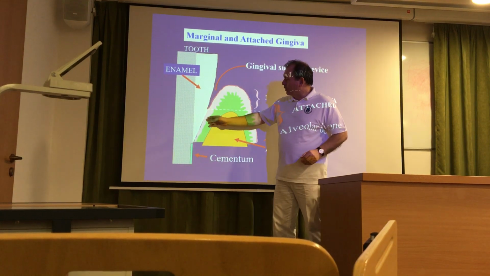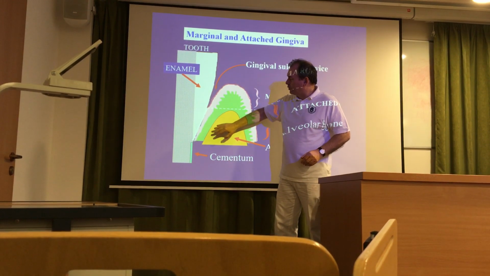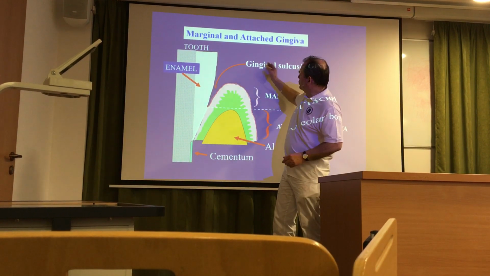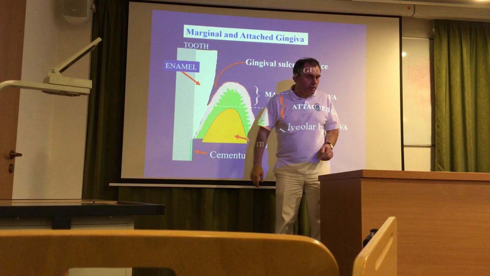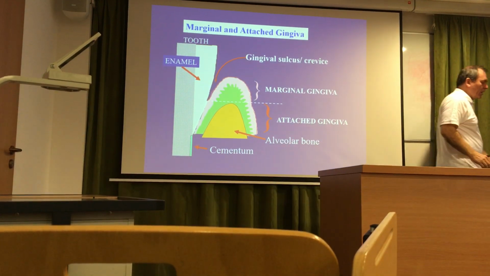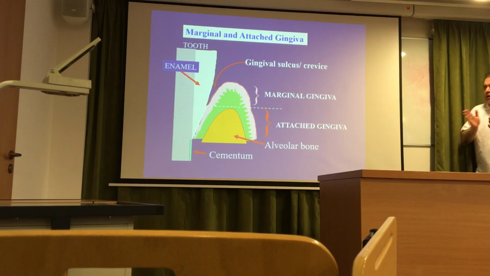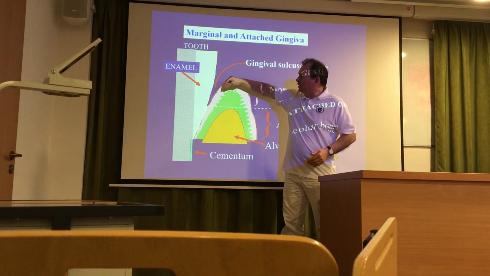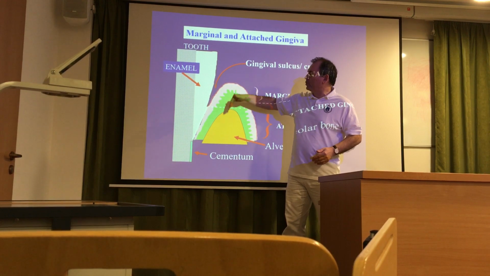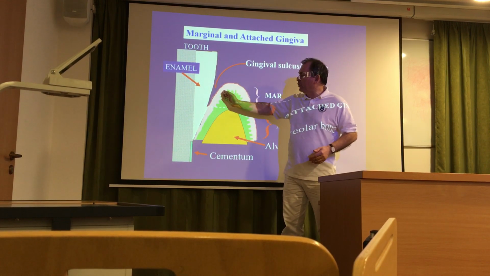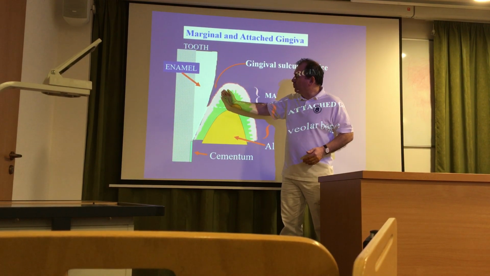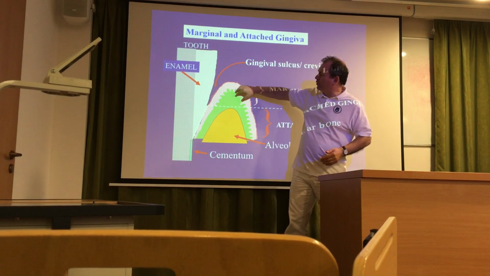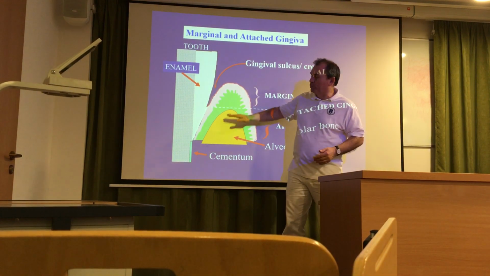You can see the junctional attachment epithelium, and we have the gingival sulcus, which is normally in a healthy situation only a virtual gap, because this gap is closed completely, but there is a very virtual space between the inner epithelial lining of the free gingiva. This is the free gingiva above the bony level.